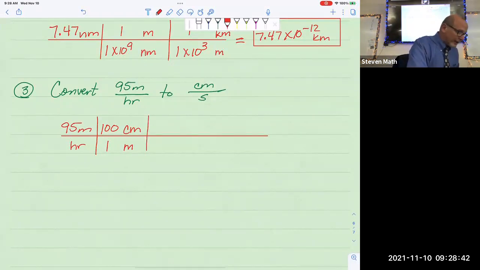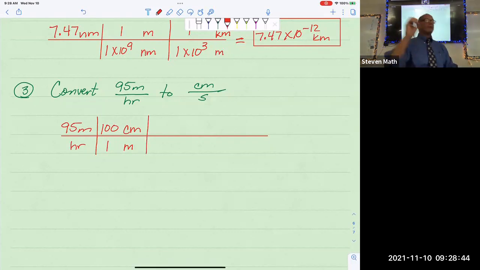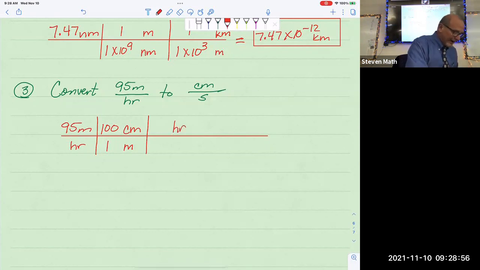The directions will say, solve the following problems using dimensional analysis. Trust me, we need to use it later on. Okay, then hours to seconds. Let's go hours to minutes.